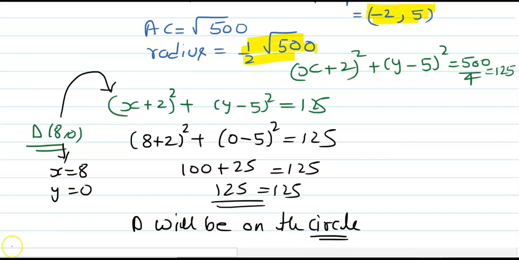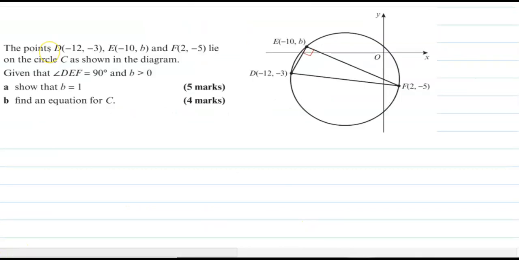Okay, let's go for another question. In this question, it is written here, the point D is minus 12 and minus 3, E is minus 10 and B, and F is 2 and minus 5 lie on the circle. So you can easily see this is point D, this is point E, and this is point F lie on the circle.